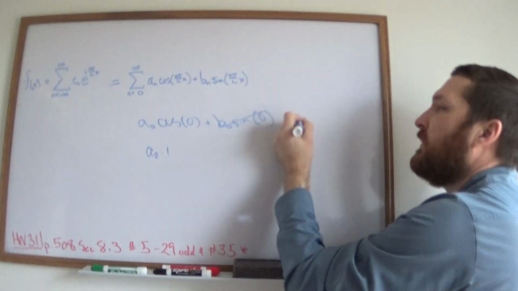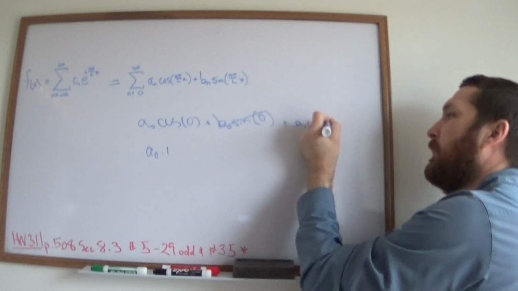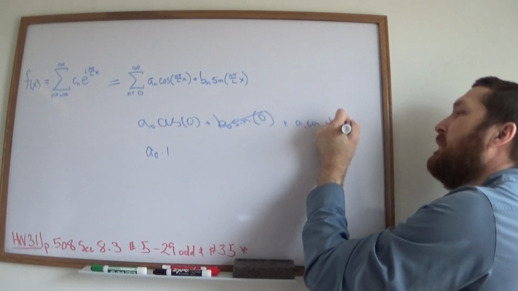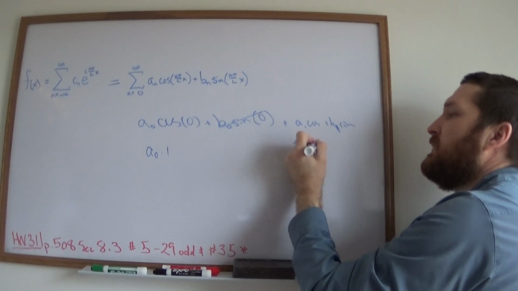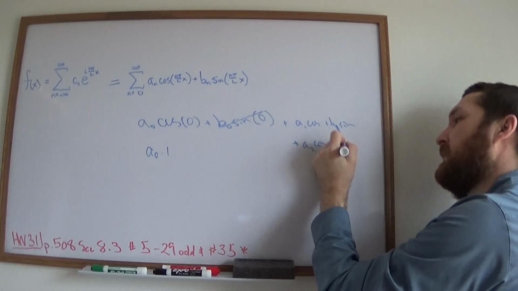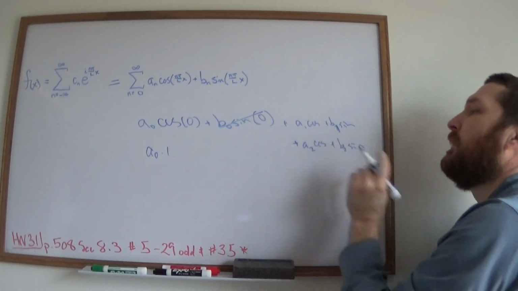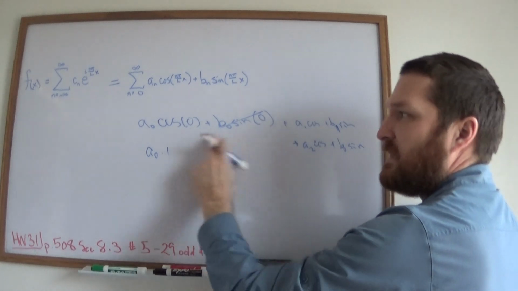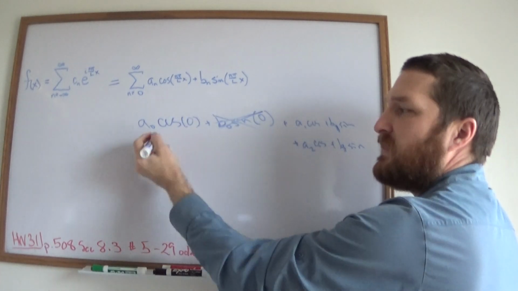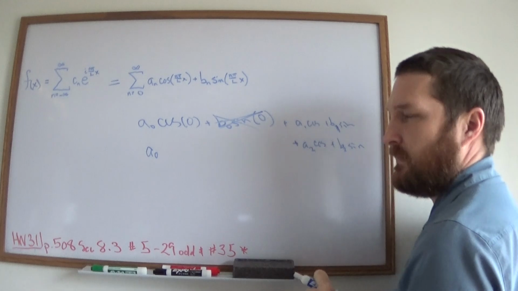And then plus all the other terms: a1 cosine blah, blah, blah, plus b1 sine blah, blah, blah, plus a2 cosine stuff, plus b2 sine blah, blah, blah. This part always just gives you a0 as a constant.